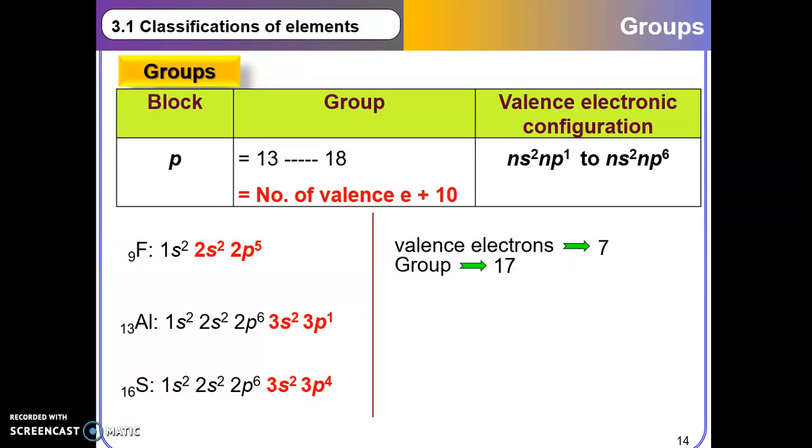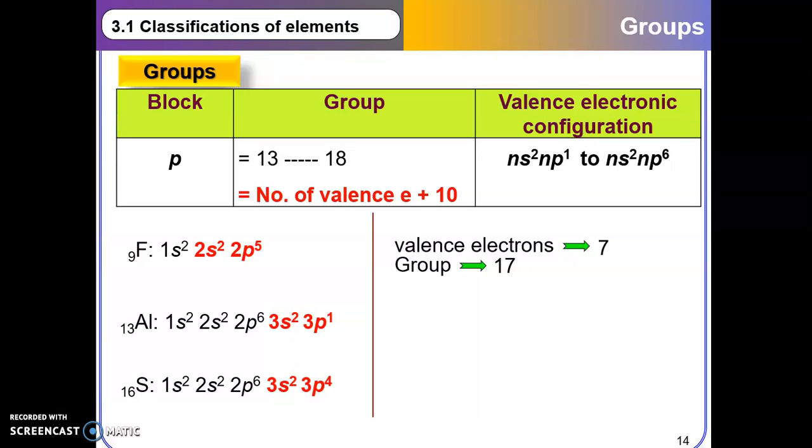Next example, aluminium. The highest energy orbital is p orbital, 3p. So aluminium is in p block. In step 2, we need to know the total number of valence electrons. Again, the valence electrons are the electrons in the valence shell.